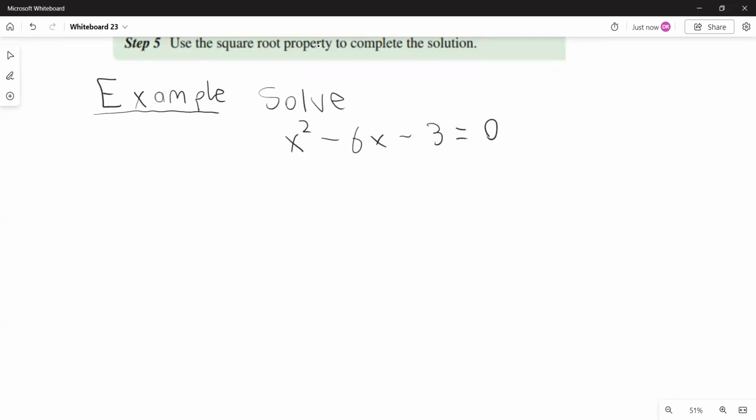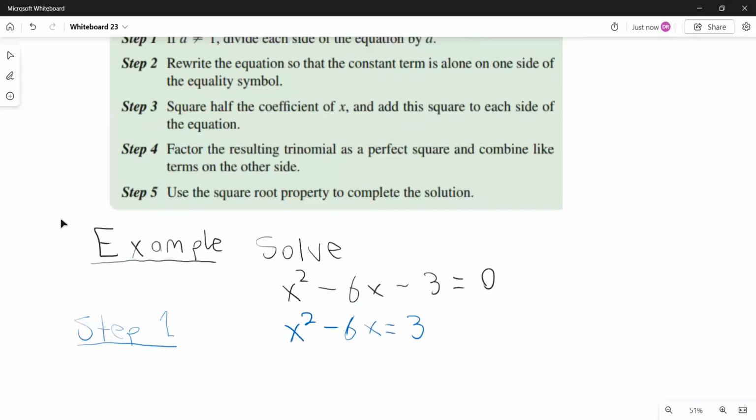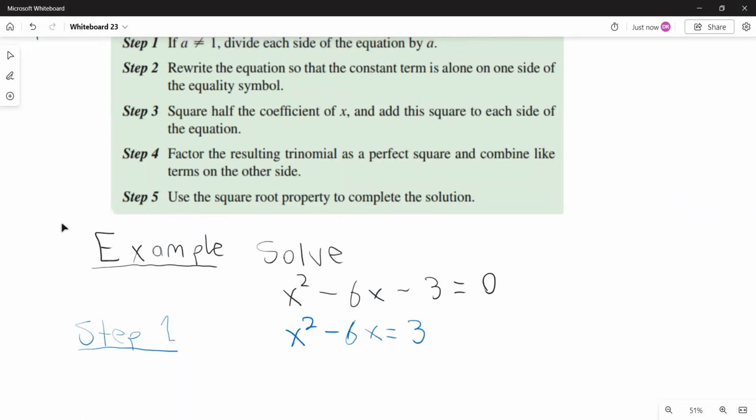Okay, so step number one. In the first step, we write the terms with x on one side and the constant on the other side. Step number two, rewrite the equation so that the constant, well, we already did that. So on step one, there was nothing to do. We did steps 1 and 2.